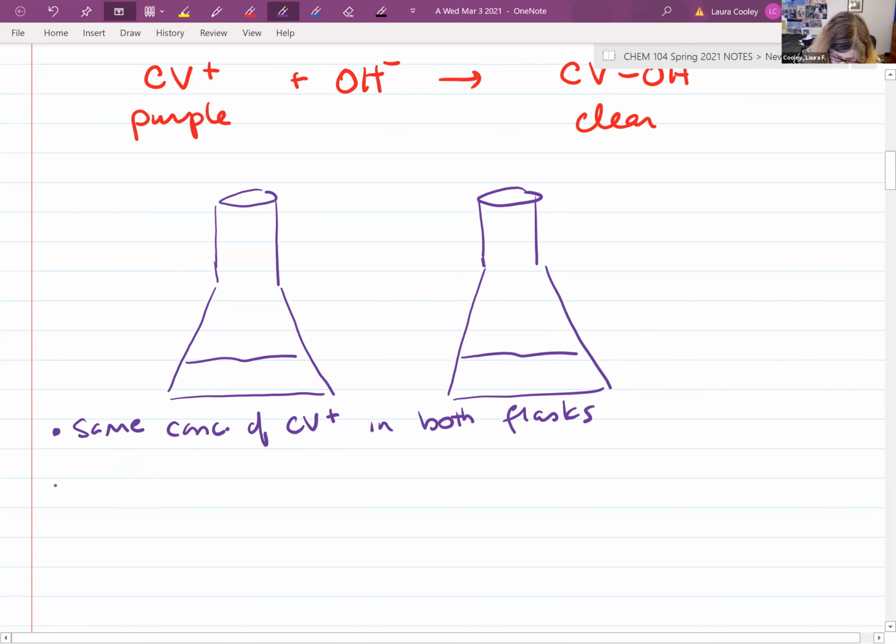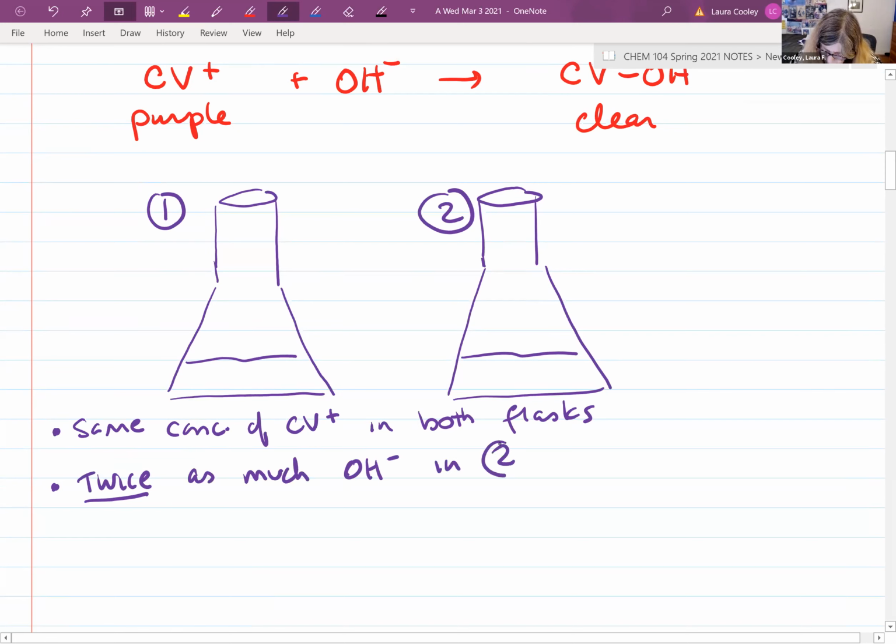But I'm going to change the hydroxide concentration. This is going to be 1 and this is going to be 2. I'm going to have twice as much hydroxide in 2 as in 1.